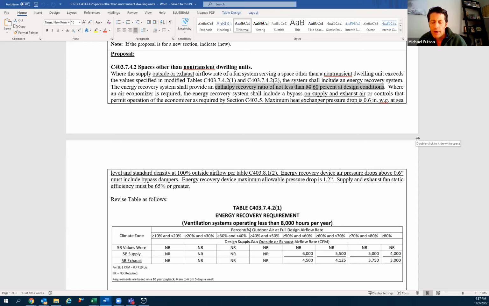But that was where usually heat pipes and runaround coils are used in labs. And so that's where the suggested exception is. And I'd like to modify the exception just because I think we came up with a much better modification. Anybody else from the committee wants to dive in on that question from Linda?